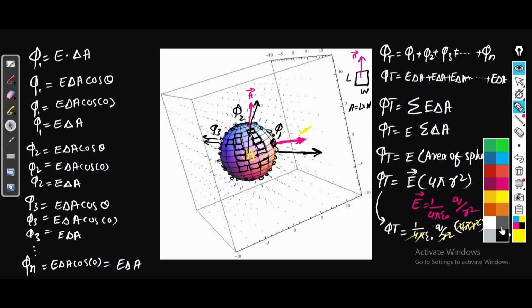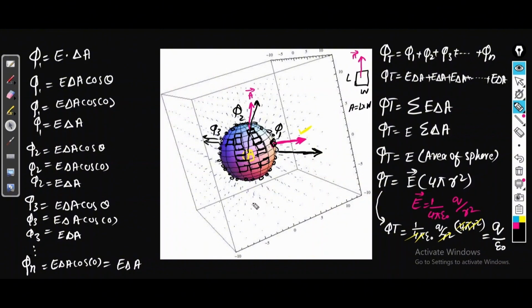The remaining thing in the numerator is Q. In the denominator, the 4 has cancelled, the pi and the r also cancelled, and only epsilon naught remains here. And this is the Gauss law.